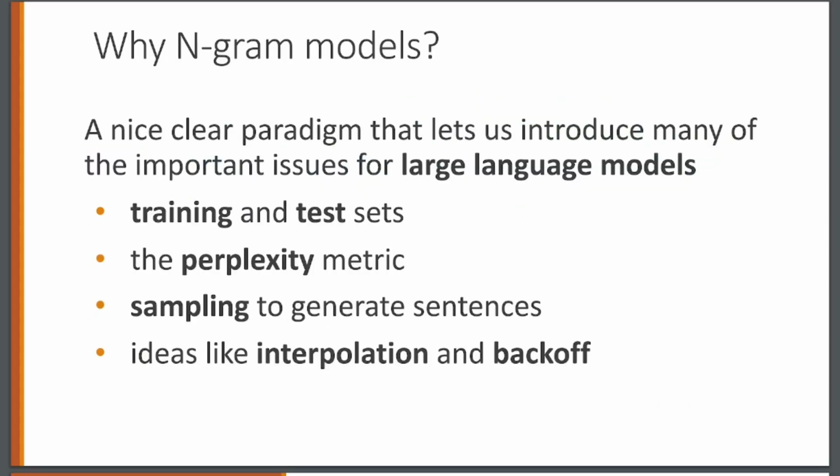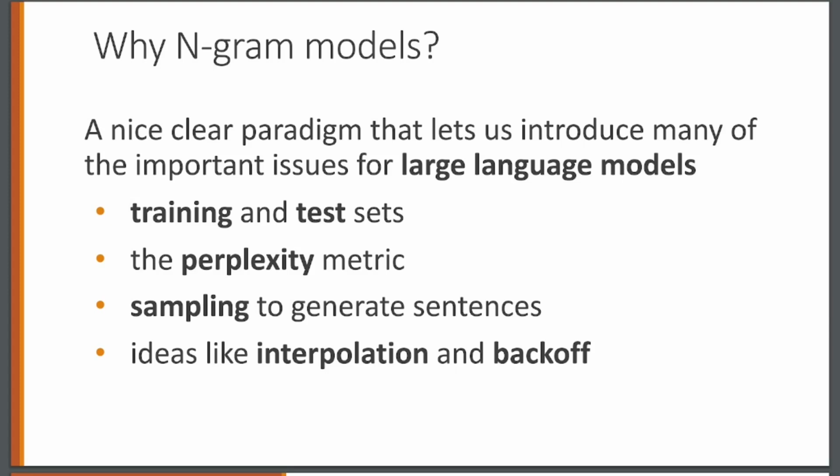All right, but we're still talking about n-gram models, right? And n-gram models are a wonderful way for us to introduce language models and a wonderful way for us to lay some groundwork for tools that will be useful when we get to talking about large language models later in this class, right? So for instance, training and test sets, right? How do we split our data to make it meaningful in training and testing a language model, right? The perplexity metric, right?